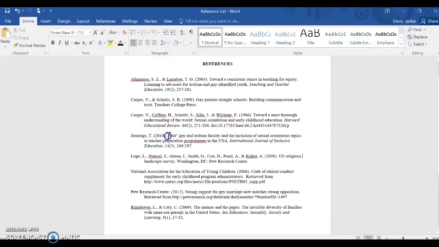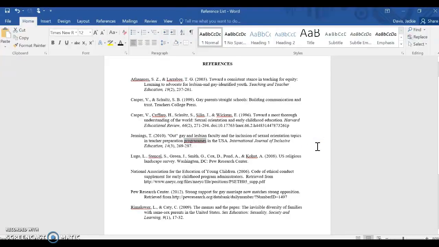You will see that the next article has a couple of things that I want to point out in the title. There is the word out in quotation marks. It was written just like that in the title, so you want to be sure that it's written like that. And then you'll also notice that this word programs is spelled a little bit differently.